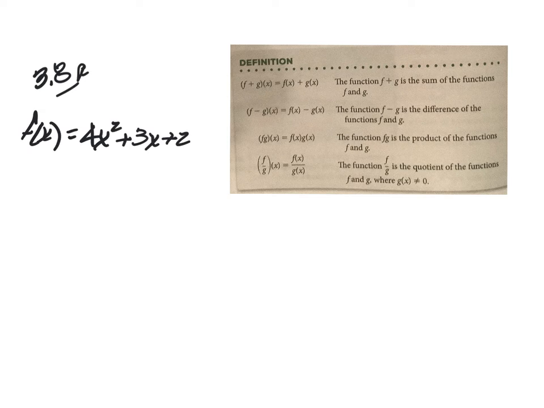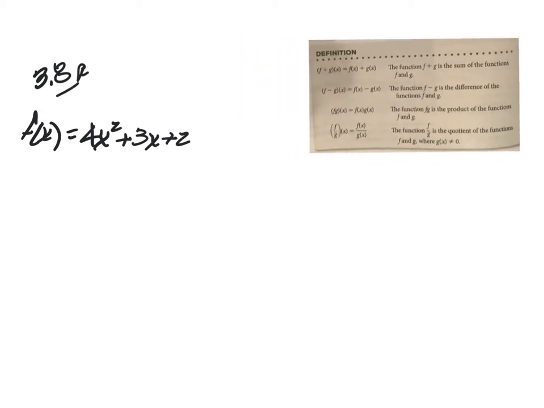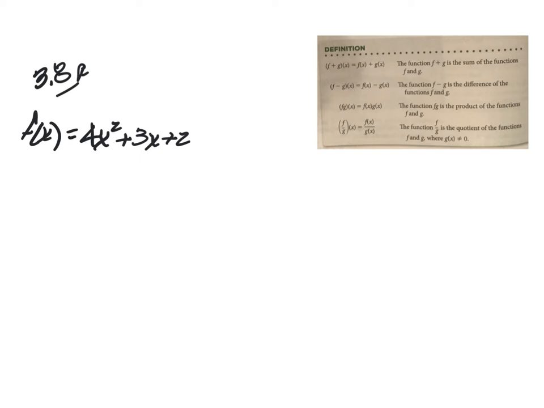Okay, let's move this, or at least make it smaller for now. And then let's do this in blue. They'll say g of x equals 2x squared minus 5x minus 6. Okay.